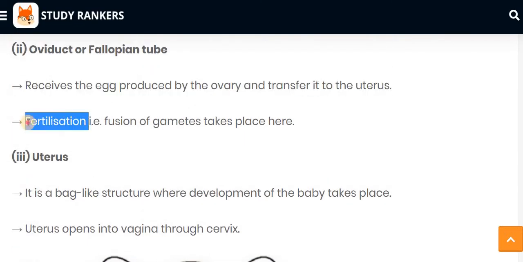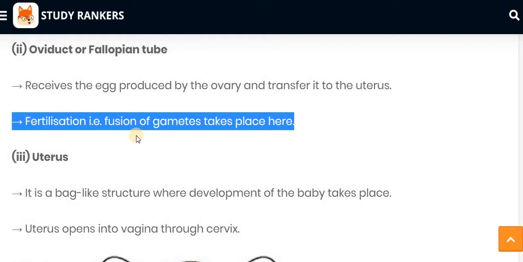Fertilization. As we saw in the previous video, what is the meaning of fertilization? Fertilization means a fusion process. In this process, a male gamete and a female gamete, the male sex cell and the female sex cell, meet and fuse with each other.